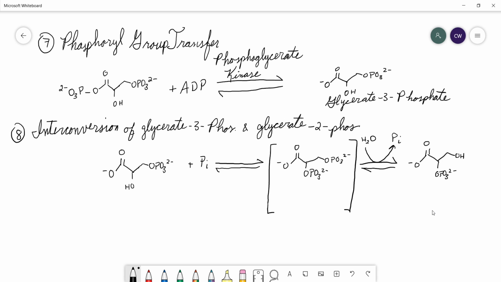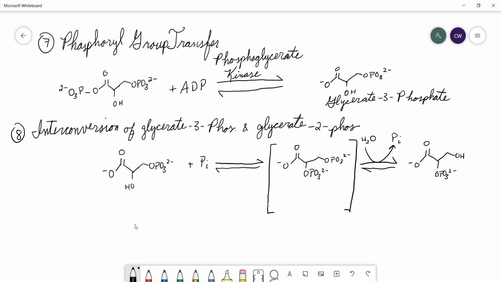I want you to think about this. Why would this occur? Well, because hydroxide, right? Think back to organic chemistry. Hydroxide is not as good of a leaving group as phosphate, right?